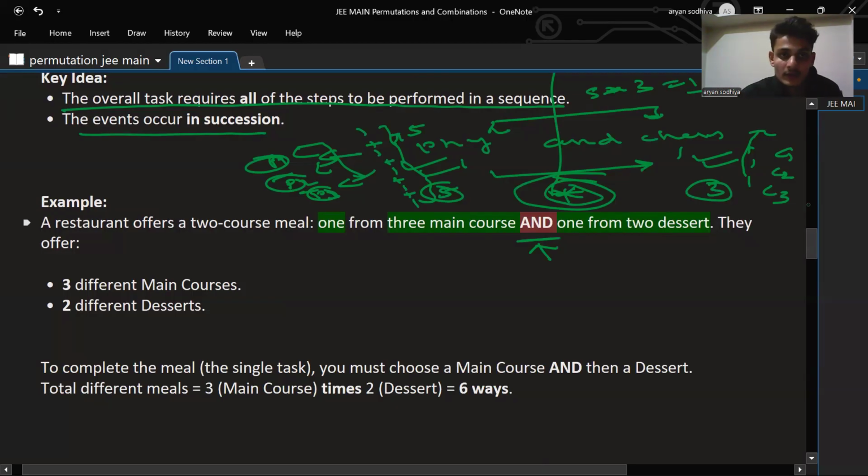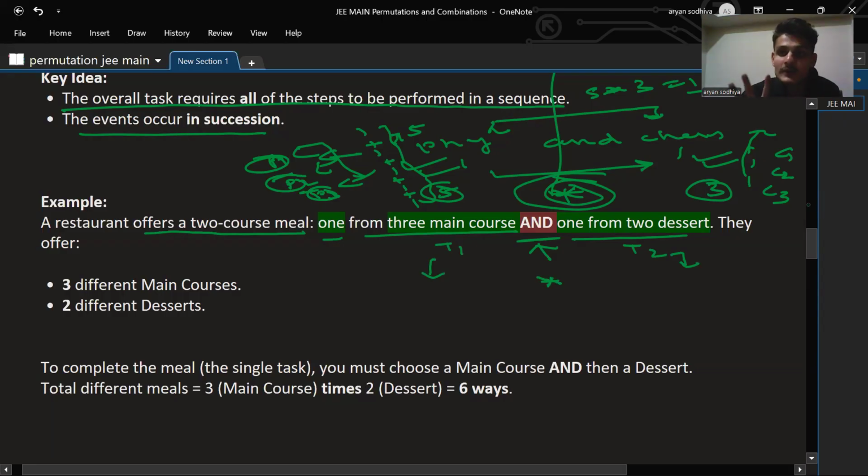So the restaurant offers a two course meal, one from three main courses and one from two desserts. So there are two tasks, task one and task two, and and is between them. Whatever ways there are here and whatever ways there are here will be multiplied, because and is here.